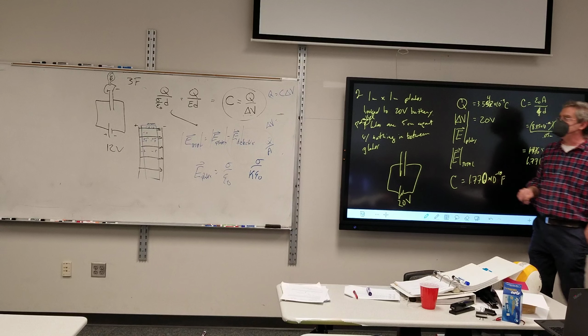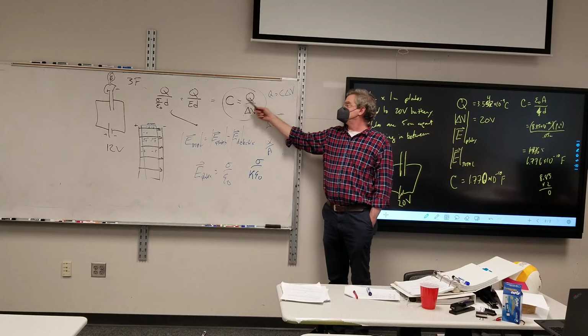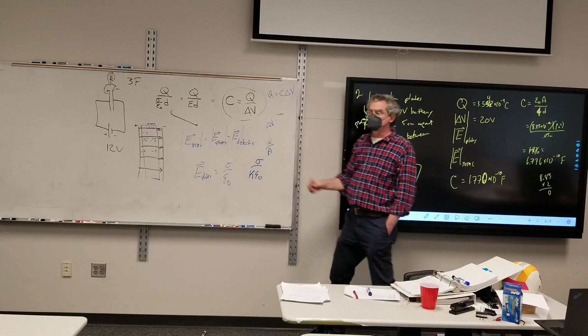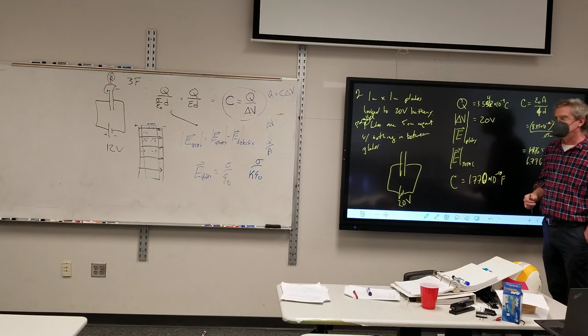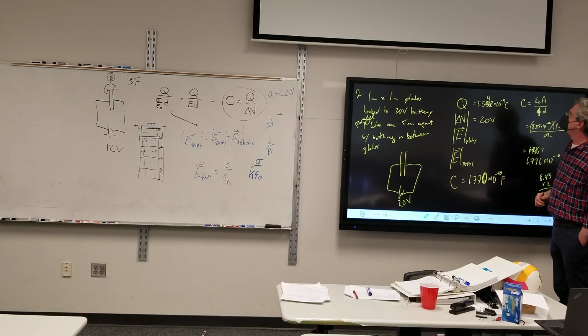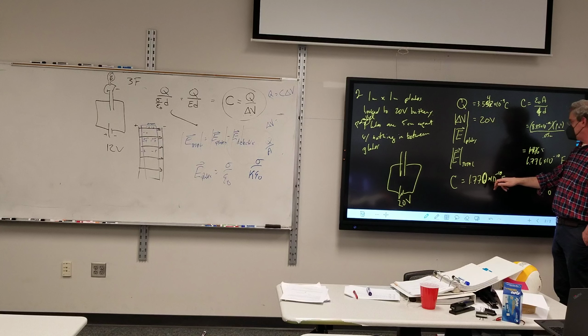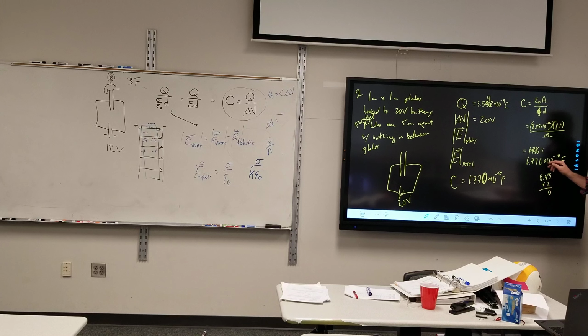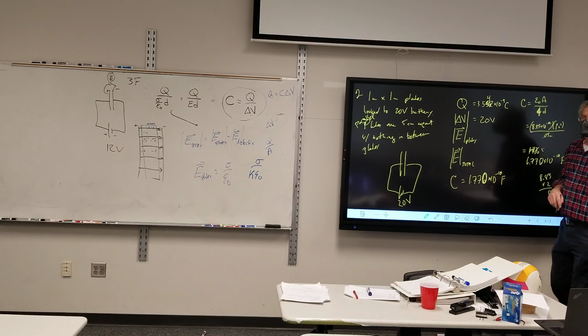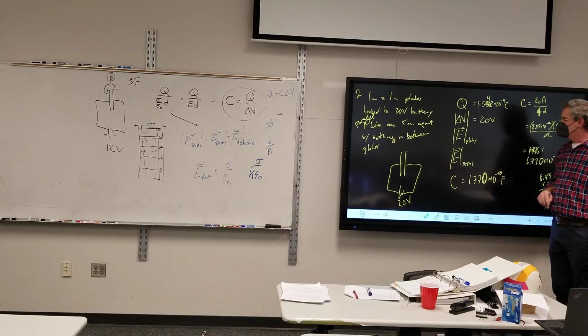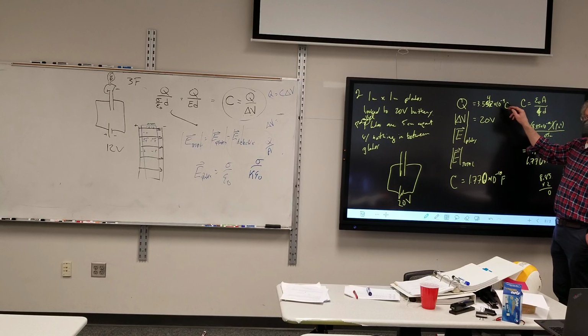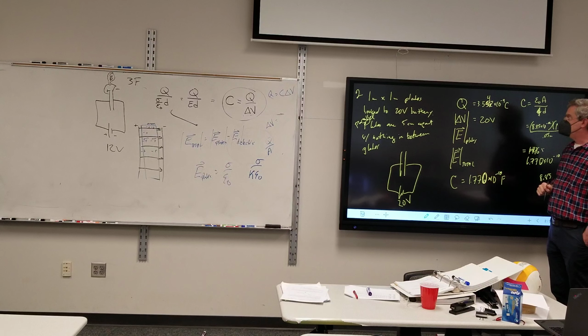Going back to the definition of capacitance, charge divided by voltage, I got 3.552. There was a mistake here, that should have been 1.77. And I also got to the negative 9. Okay, all right, good.